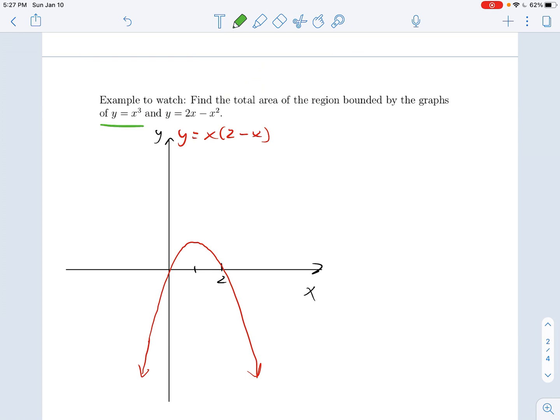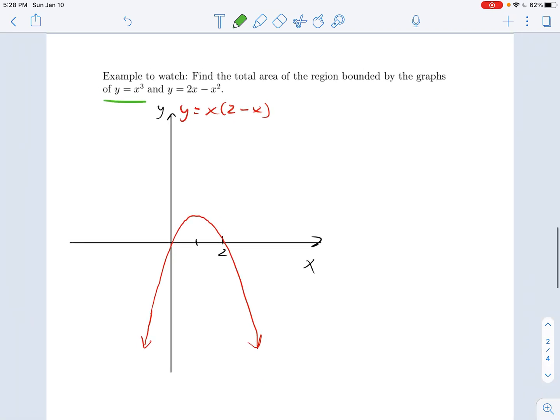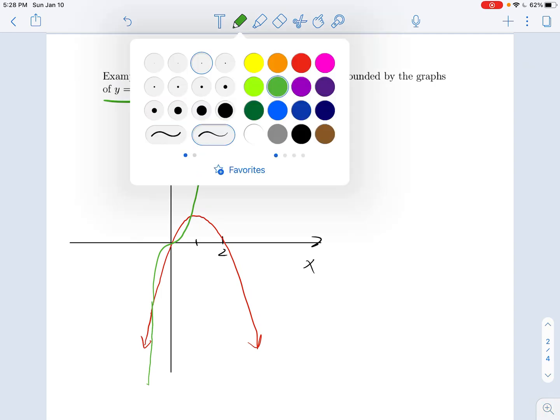Hopefully you know that. From just sort of a library of functions. Graph of x cubed, it's very steep, and then it kind of flattens out, and then it's very steep again. Right, this one is just for you to watch.